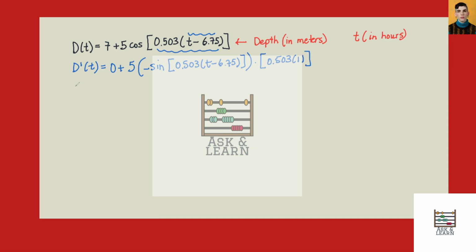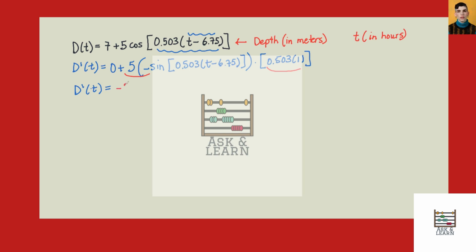Okay, so let's clean this up. D prime of t then is going to be equal to minus 5 times, actually I need to multiply. We have a minus 5 and a 0.503. So let's multiply that out.